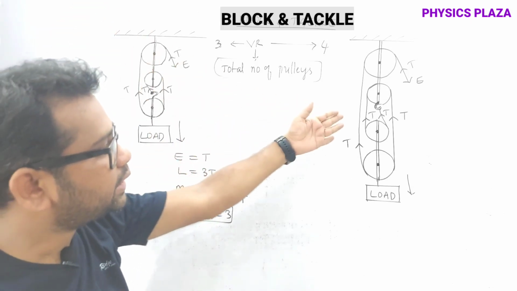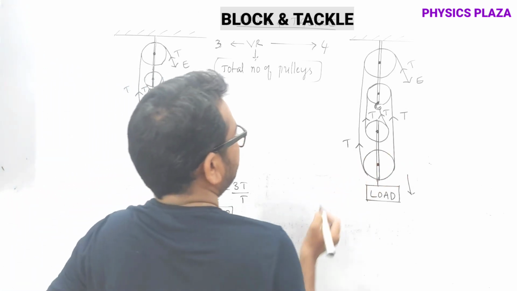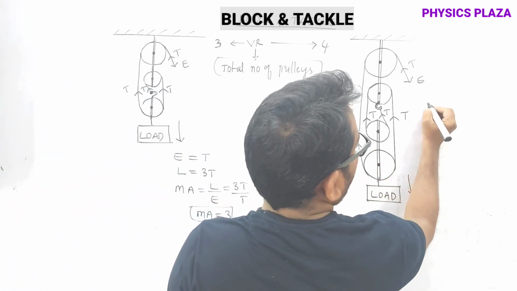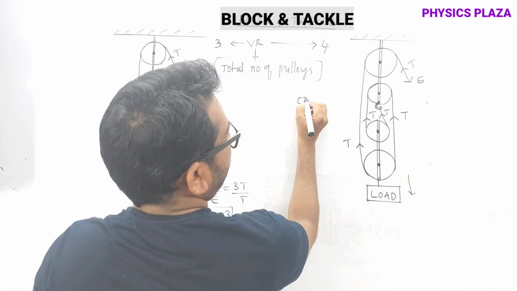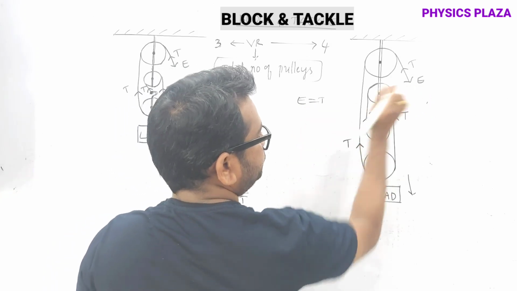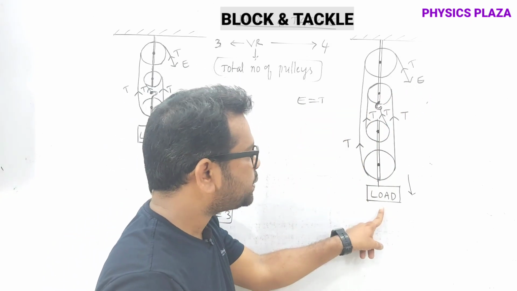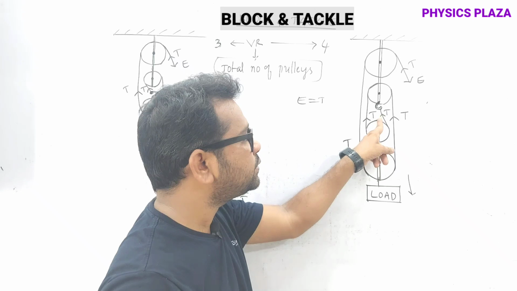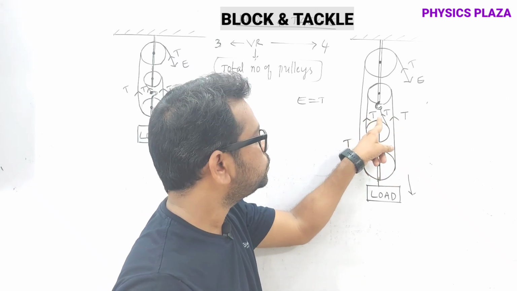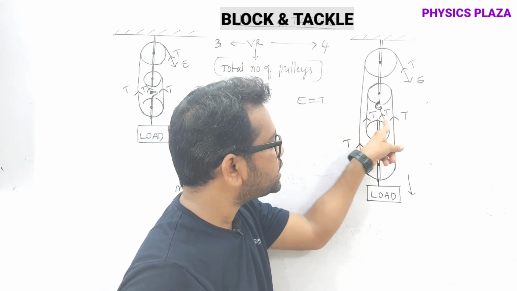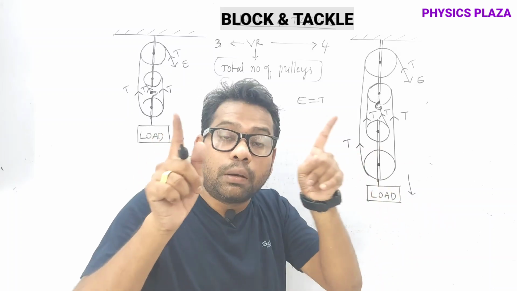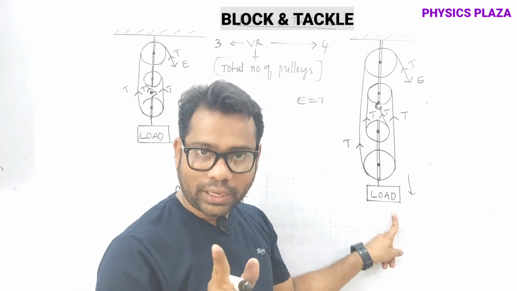Now let us calculate for this one. Effort is balanced by tension, but load is balanced by the number of segments of the string, that is 1, 2, 3, 4. The 4 tensions developed in these 4 segments will balance the load. Clear?